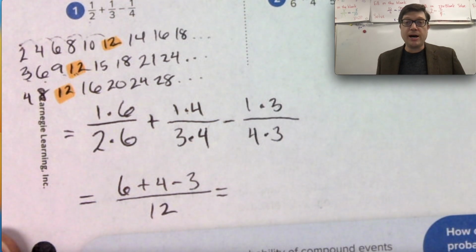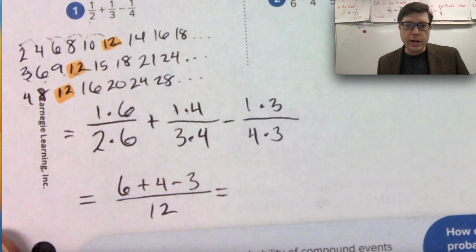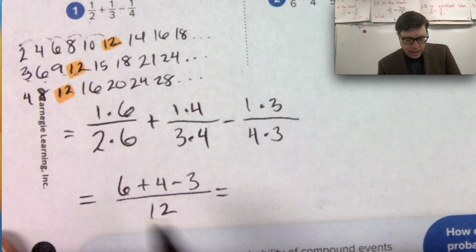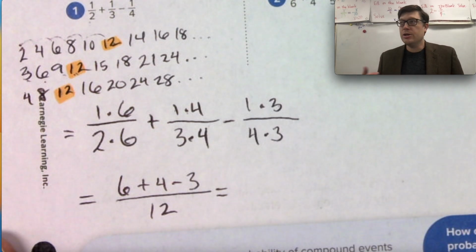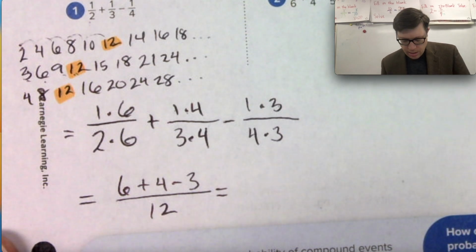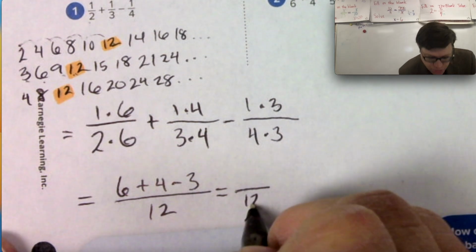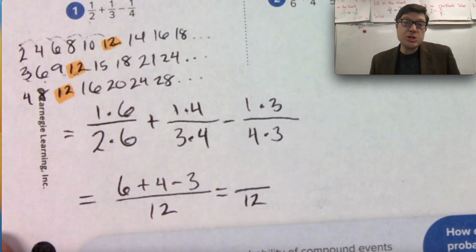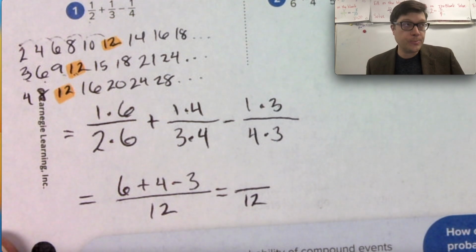Now we simplify by adding the numbers in the numerator. We keep the 12 the same. We're not doing 12 plus 12 plus 12. That's like the size of the pizza slices when you think about fractions. So 12 is the denominator, but we need to do 6 plus 4 minus 3. 6 plus 4 is 10. 10 minus 3 is 7.